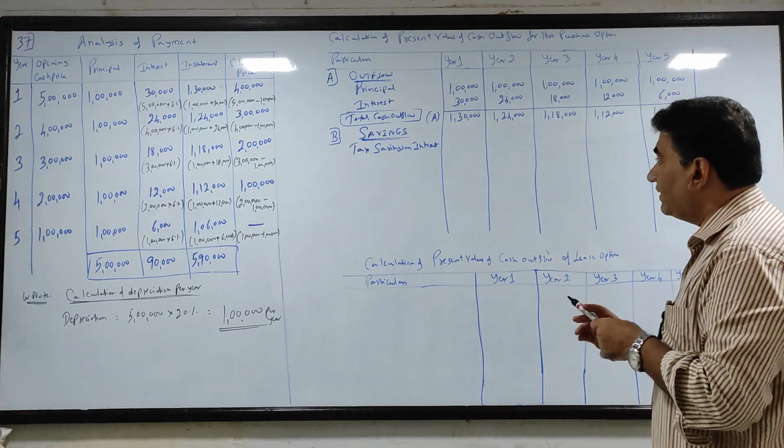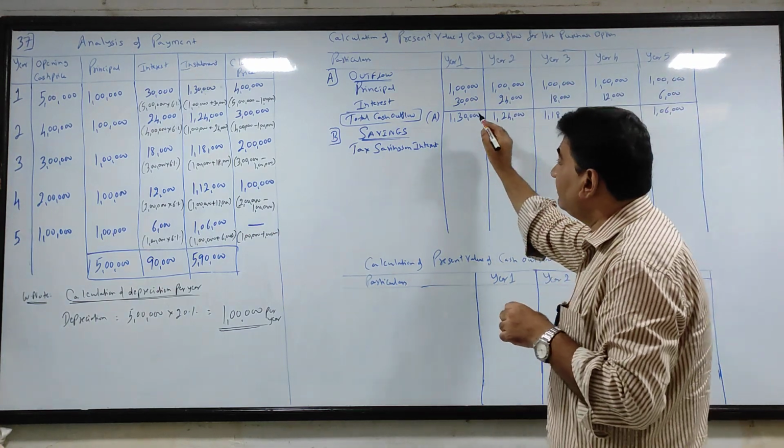So first, let me put a bracket. Every year's tax saving will be 50% of the respective interest.